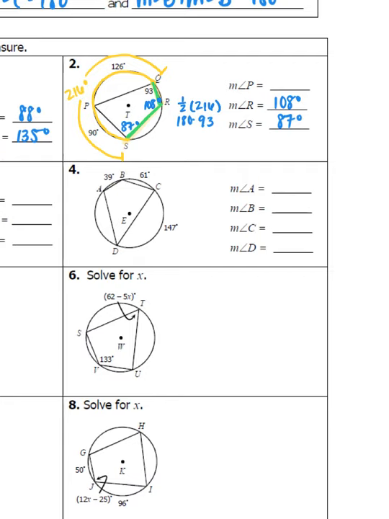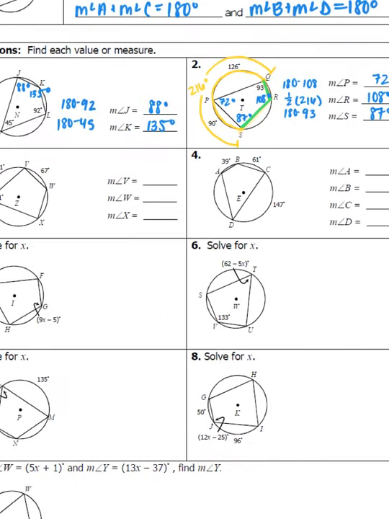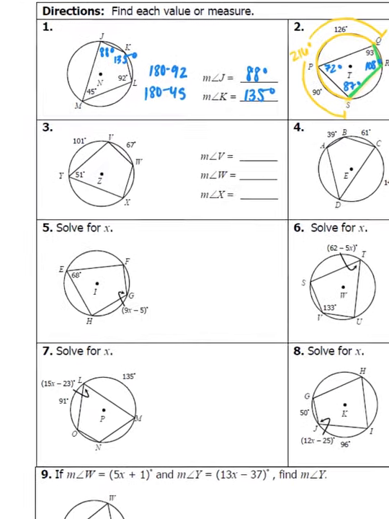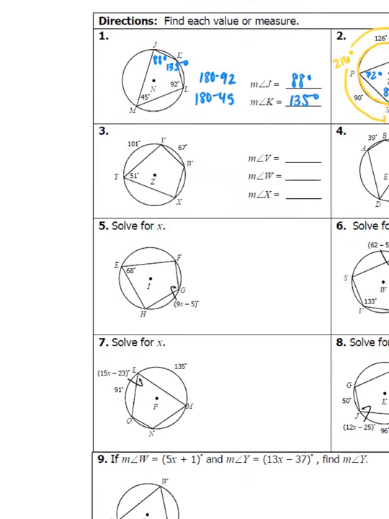And then last but not least, P is opposite from R, so we could just do 180 minus 108, which gives me 72. Okay, so sometimes it won't be quite as obvious. You'll have to use the arc measures to help you, but then you can always go back to that fact that the opposite angles in an inscribed quadrilateral are supplementary.